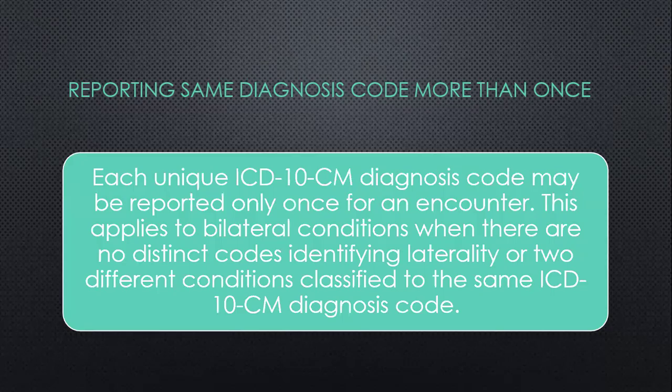So there are certain conditions that will end in a digit 1 for the right side of the body, a digit 2 for the left side of the body, or digit 3 for a bilateral. You need to make sure that not only is your doctor documenting to the highest specificity, but you're choosing the correct character for the appropriate side of the body.